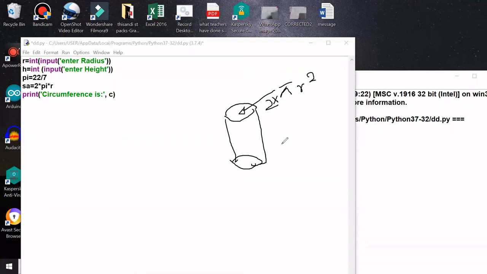It is a rectangle. What is the length here? That is the circumference of the circle, so here you put 2 pi r and here h. Then the area is 2 pi r into h.